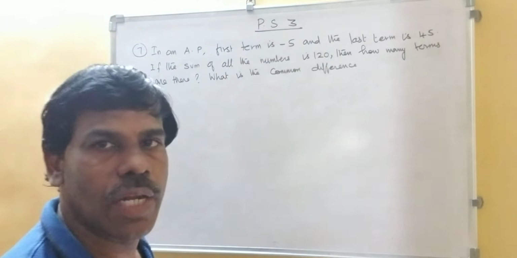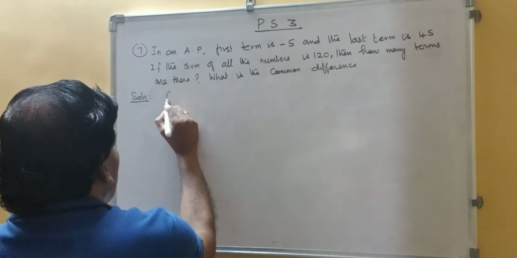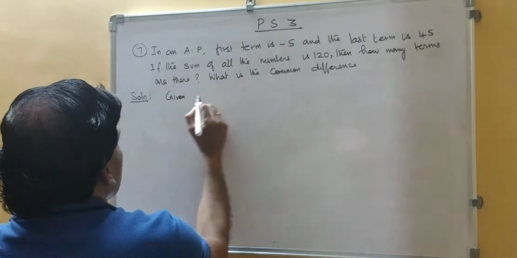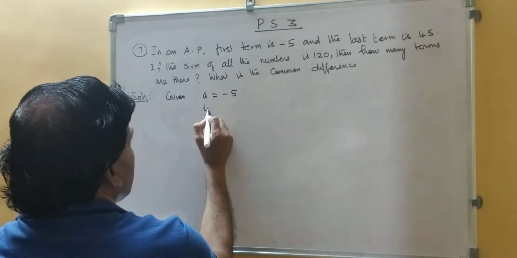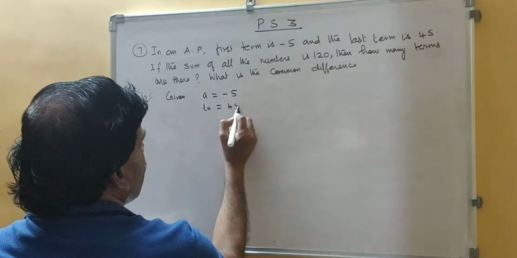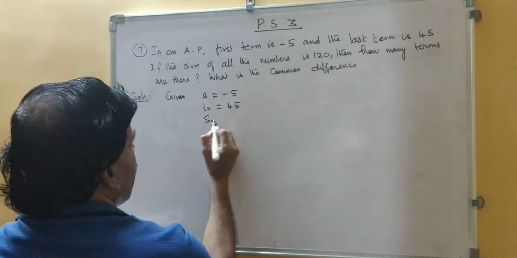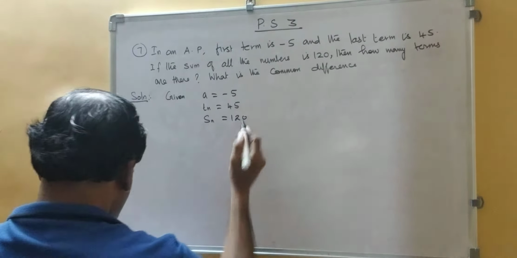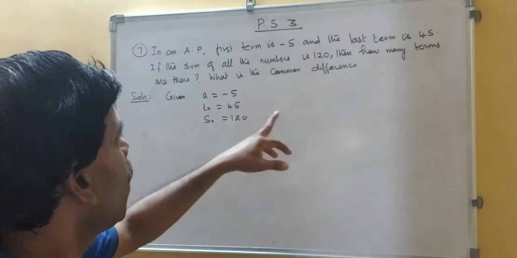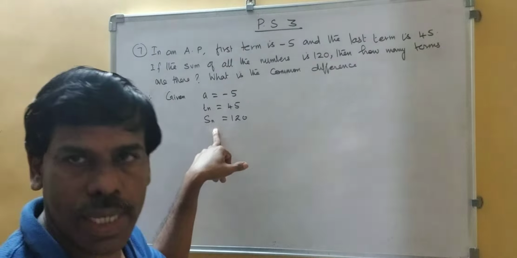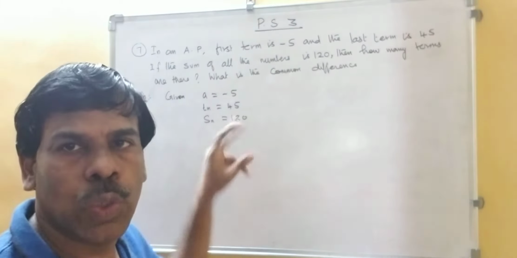First of all, we will write what is given to you. Given: a equal to minus 5, Tn equal to 45, and Sn equal to 120. Now listen very carefully. If you want to find Sn, you have two formulas.